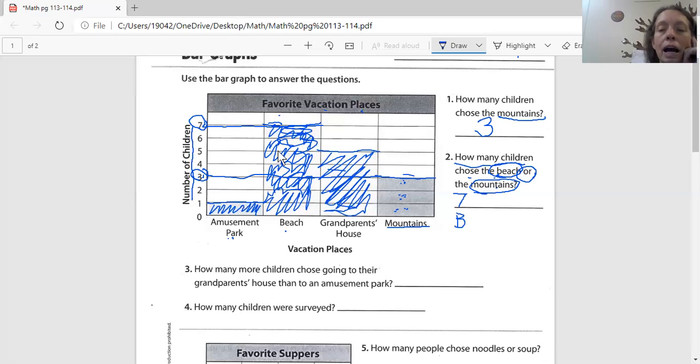And how many people chose the mountains? Here's the mountains. So look up to the lid. There's the lid. Trace my lid all the way over and say that 3 people chose the mountains.